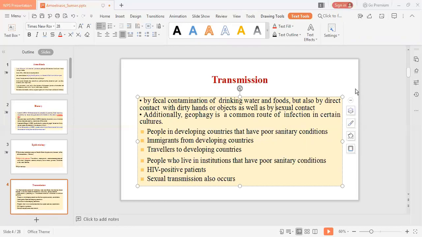Additionally, geophagy, a common ritual in some tribal communities, means eating earth or soil. This may be a common route of infection in certain cultures.